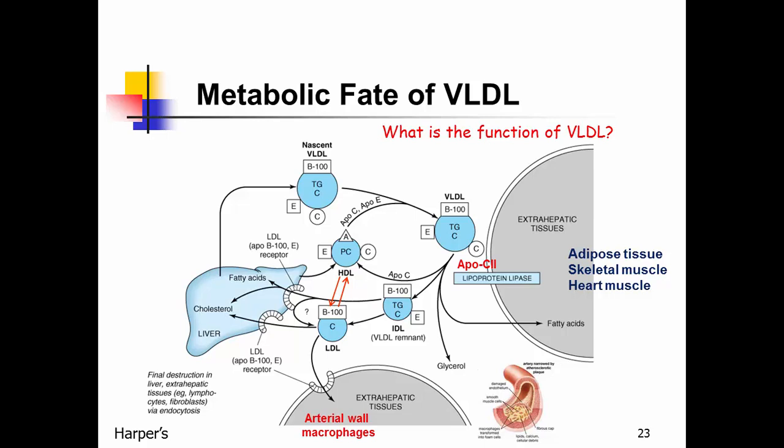LDL has almost no triglyceride, because triglyceride is either picked up by tissues, adipose or muscle, or transferred to HDL. LDL only has ApoB100 on the surface, and it can be picked up by the liver and other peripheral tissues, for example the arterial wall, endothelial cells, or macrophages.